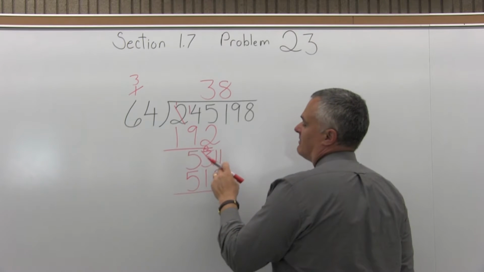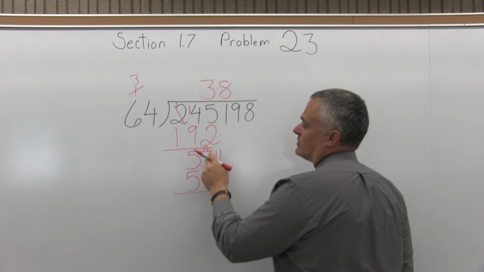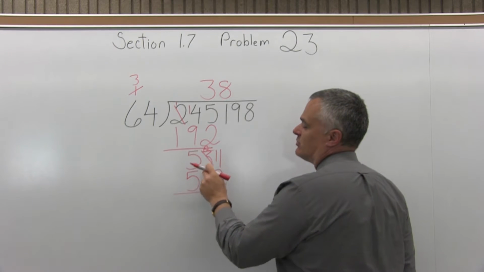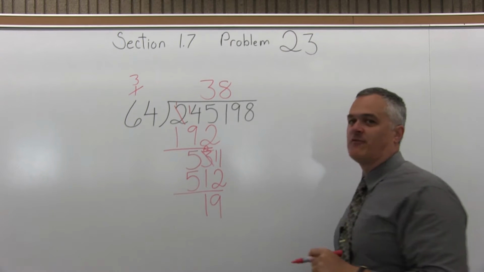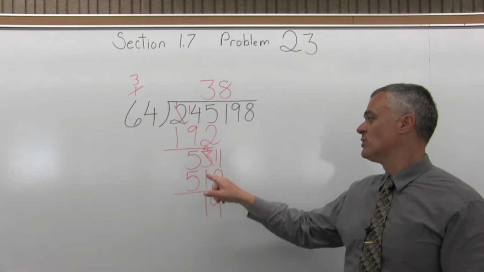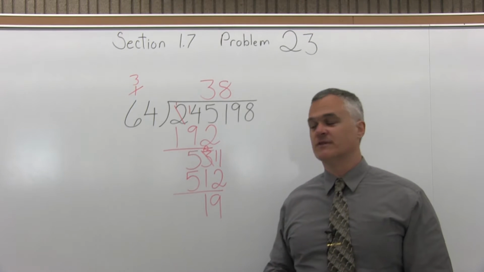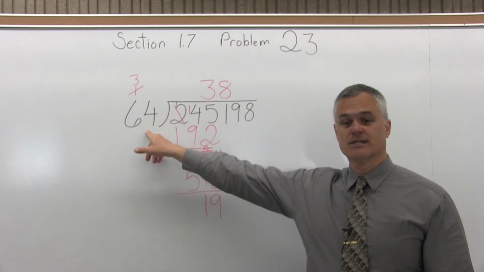Now I have 11 minus 2. That's 9. The 3 minus 1 was changed to a 2 minus 1. So 2 minus 1 is 1. And the far left column, 5 minus 5, which is 0. I don't have to write the 0. So the result of 531 minus 512 is 19. And 19 is good. It's smaller than the 64.